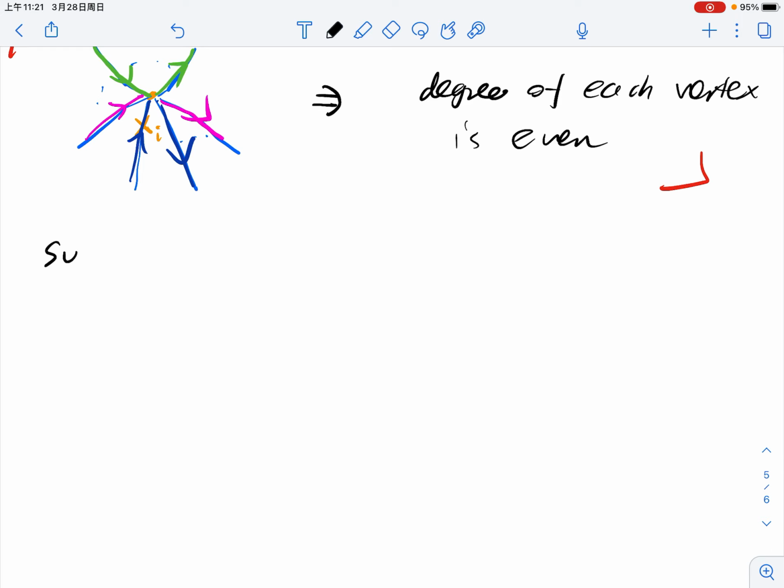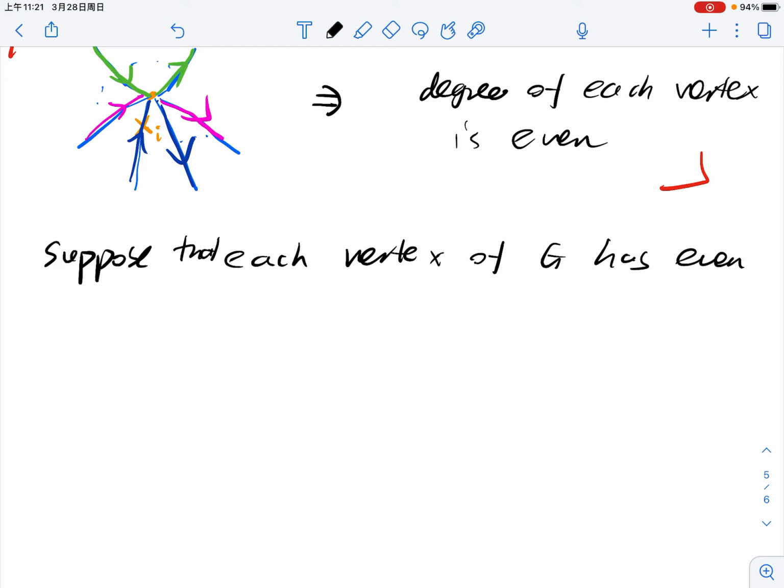Okay, now suppose that each vertex of G has an even degree. Now we are going to construct, just like by induction or by running some program.